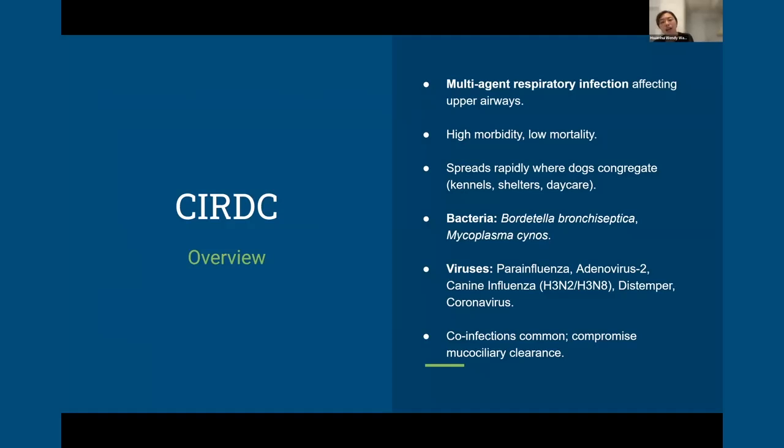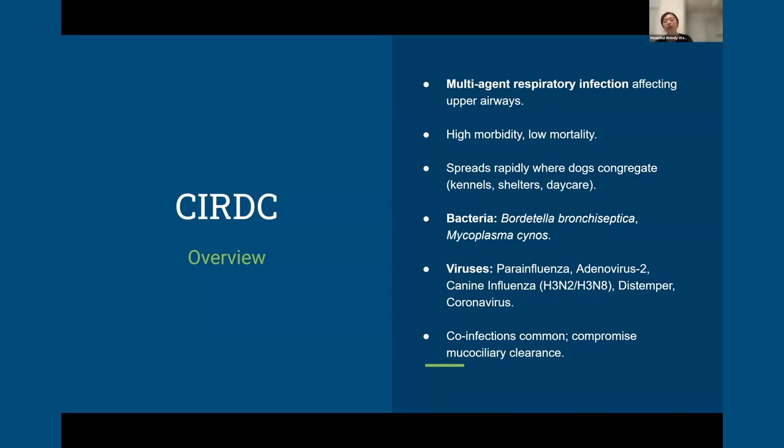And there is a high morbidity, but low mortality, meaning that this is very highly infectious, but the death rate, fortunately, is very low, and it can spread very quickly where there is a high density of dogs. So often kennels, shelters, daycare. That's why it got its common name as kennel cough.